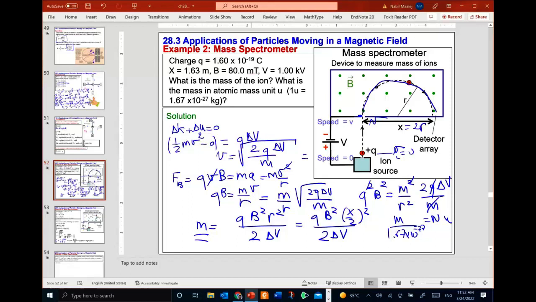So we used very important concepts: conservation of energy, acceleration of an electron through a potential difference, Q delta U is equal to Q delta V. There are four concepts. We use F is equal to QVB, which is the magnetic force. It's equal to MA, Newton's second law.